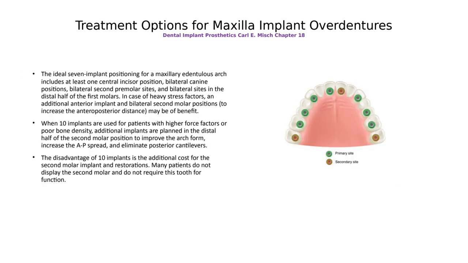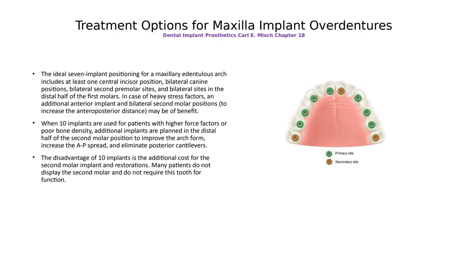So the ideal segment implant positioning for a maxillary edentulous arch includes at least one central incisor position, both canine positions, both second premolars, and both distal positions where the first molar should be, or the second molar.